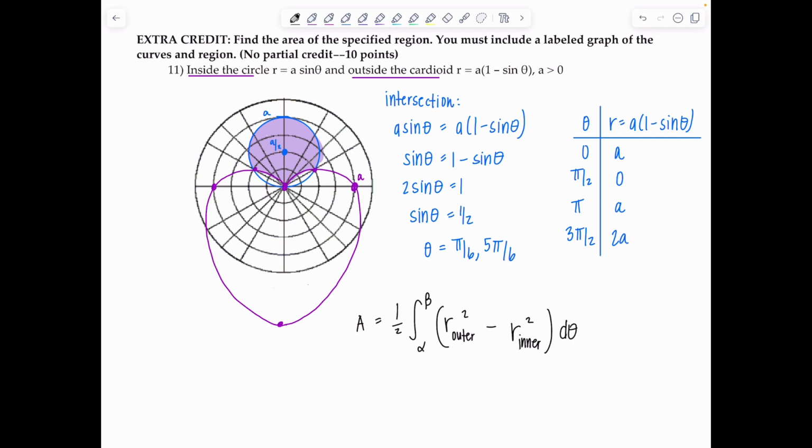So I'm going to show you something that I do even in Calc 3 that's very useful, especially for polar curves like this. You want to draw a ray that starts at the origin and goes outward. Whichever curve it hits first is your inner radius, whichever one it hits second is your outer radius. So let me draw one for you. Like say we go this way. It hits the region now. That's our inner radius.